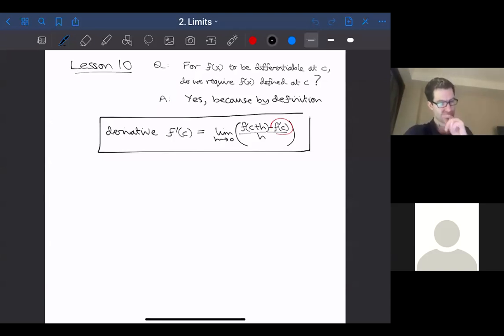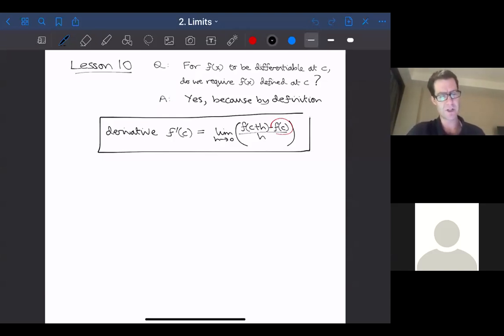Now, first a question from last time. For f(x) to be differentiable at c, do we require f(x) to be defined at c? I wasn't sure of the answer in that moment. I guess I was a bit tired, because the answer is yes, it's right there in the definition.